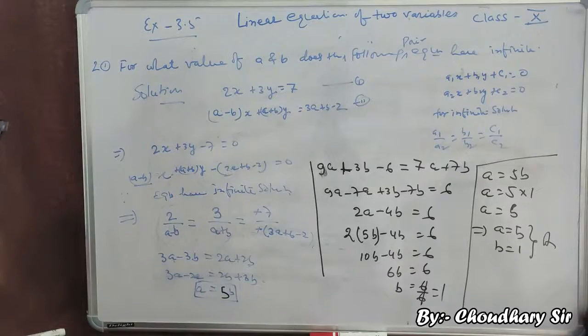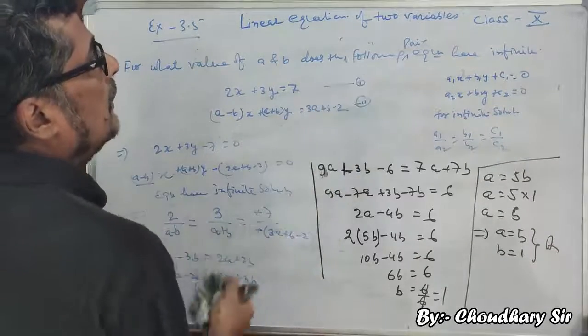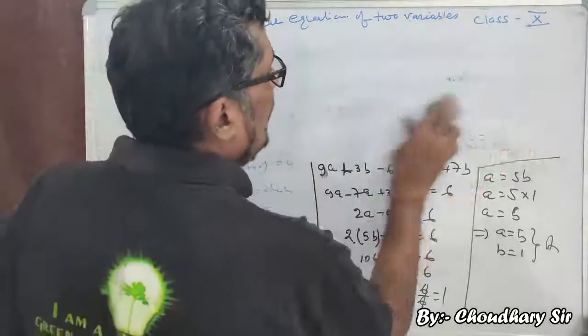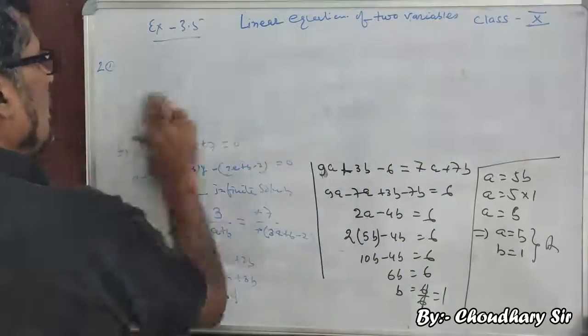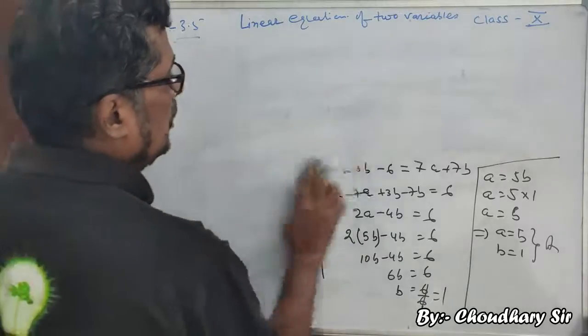Now similarly, that was the type of equation where the condition given is infinite solutions. Suppose we have to find the value of an unknown constant if there is no solution. Okay?